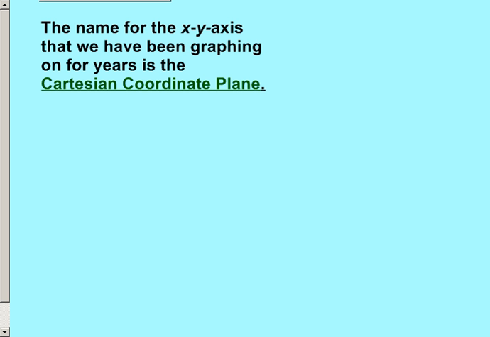Now, a little bit of review here, but definitely information we're going to need as we move through the remainder of this unit. The name for the XY axis that we have been graphing on for years, as we talked about last unit, is called the Cartesian coordinate plane. Now, the Cartesian coordinate plane is simply a joining of 2 axes at a central location, which we call the origin.